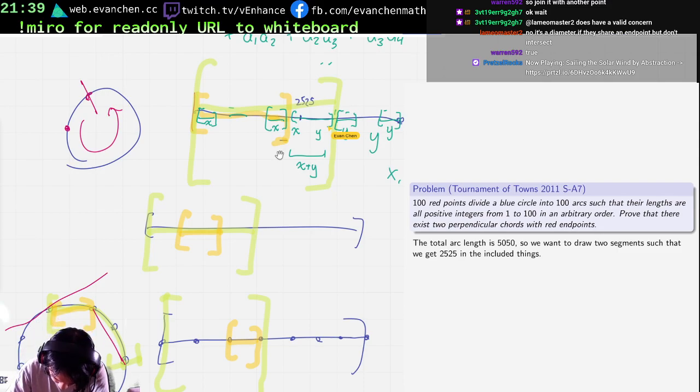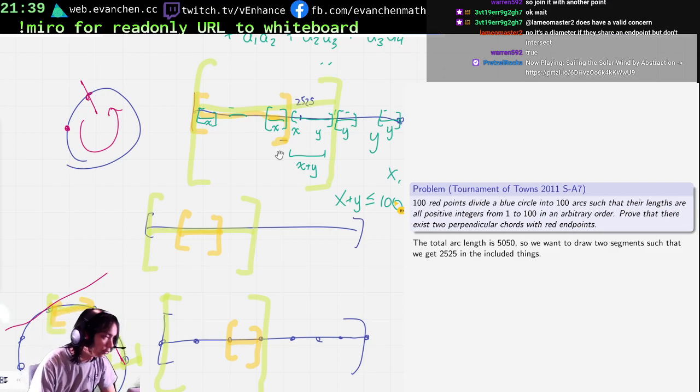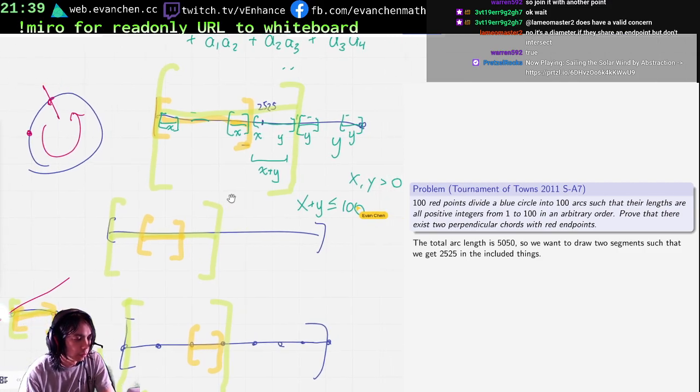Here x plus y is less than or equal to 100, right? So one of x or y is less than or equal to 50. So do I look at 2x? Because I have an interval of length 25, 25 minus 2x now somewhere.